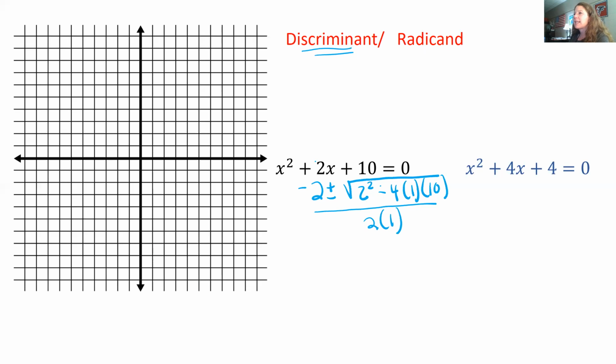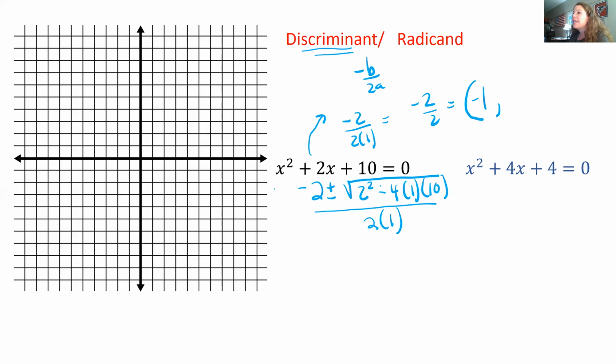Well, let's see what this looks like. Let's graph the vertex, which is negative b over 2a. So the opposite of 2 is negative 2, over 2 times 1, so we get negative 2 over 2, which equals negative 1. So our x value of the vertex is negative 1.